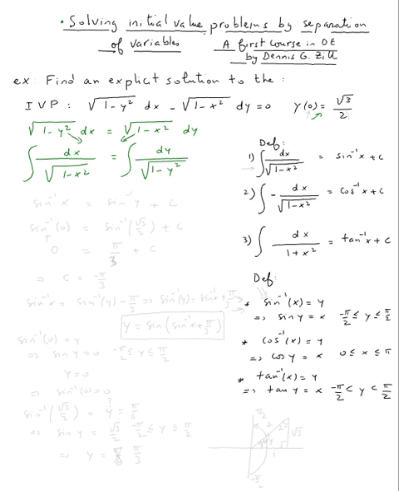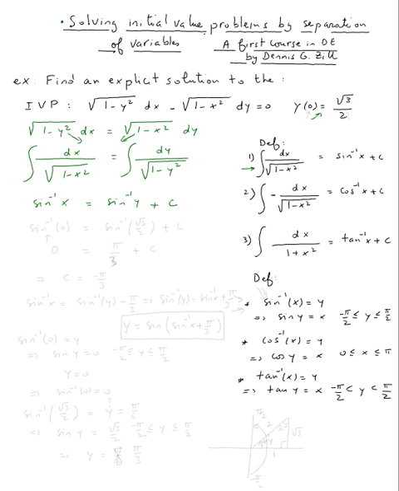If you look at the definition, we're going to use number 1. So that would be sine inverse of x is equal to sine inverse of y plus some constant. Now we need to find the constant.